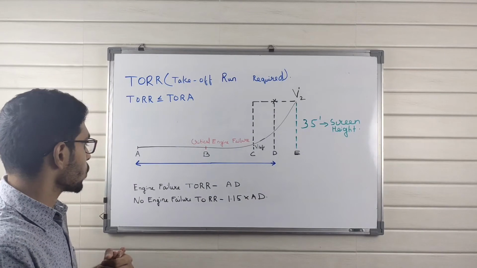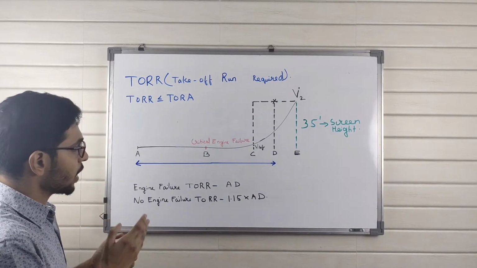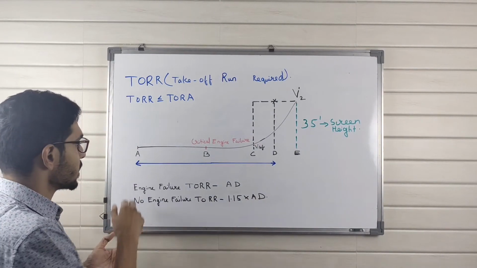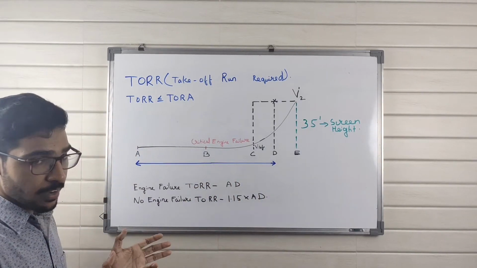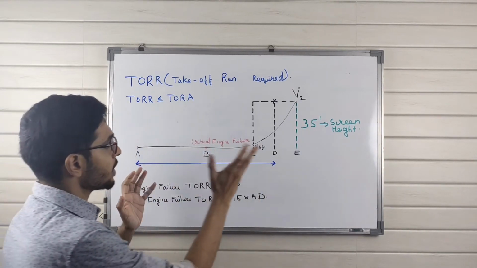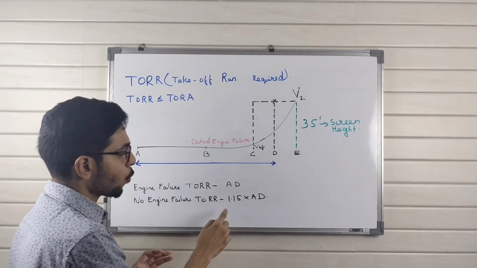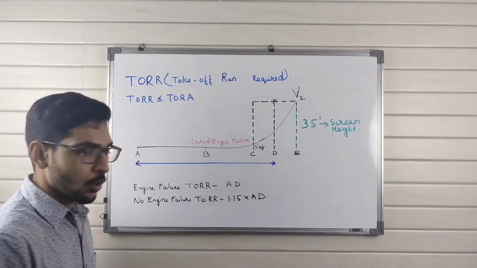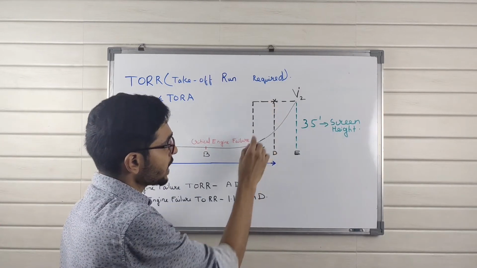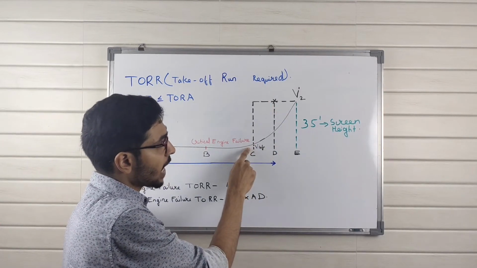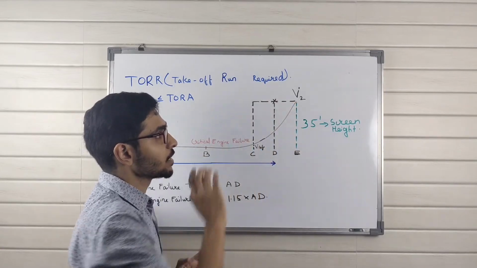So that is your engine failure takeoff run required. It is AD, and in case there is no engine failure, it is the same distance multiplied by 1.15. Just to be clear, this is the midpoint between the point of liftoff and your screen height at V2.